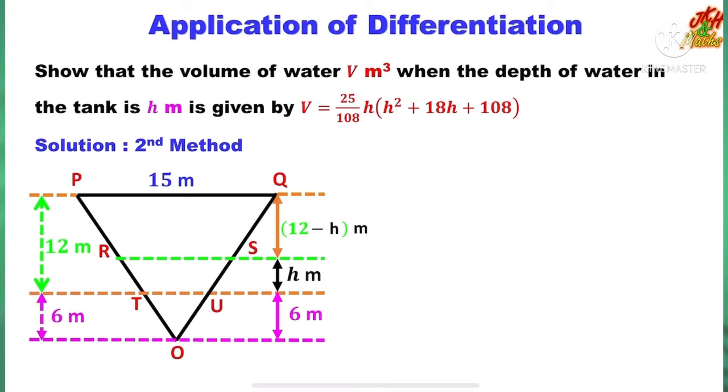Or we can say ORS is similar to triangle OPQ, and so on. Based on the similar triangle rules, corresponding sides will always be in proportion.